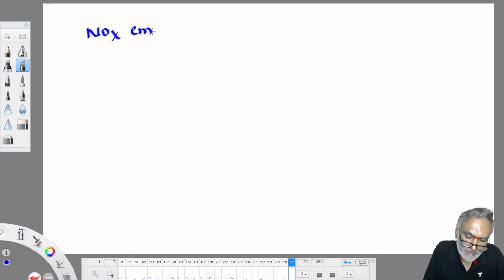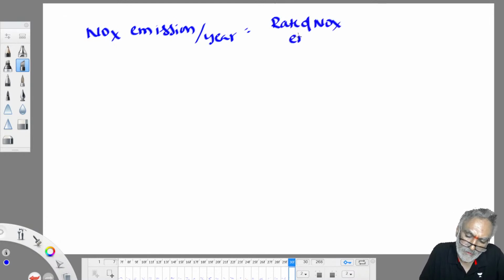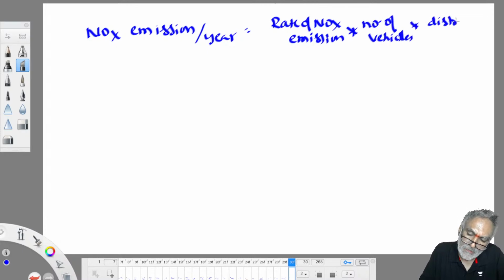You have been asked to find out the total NOx emission per year. So rate of emission, number of vehicles, and distance traveled per annum.